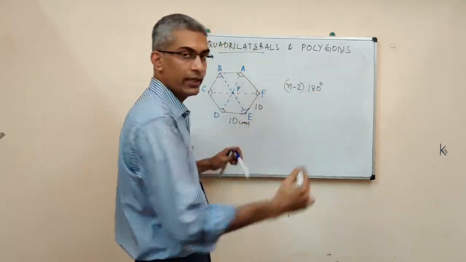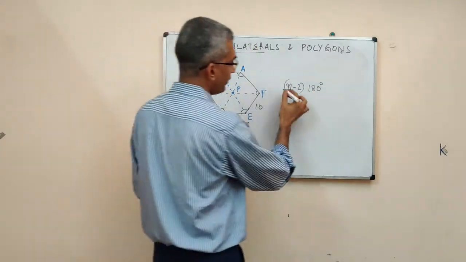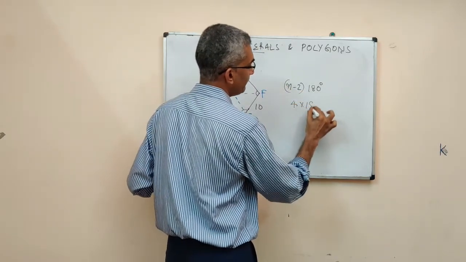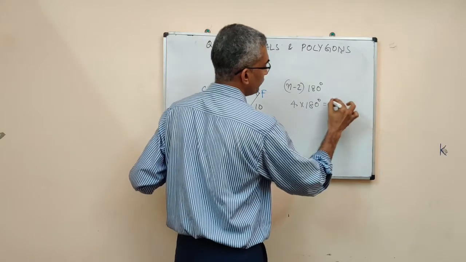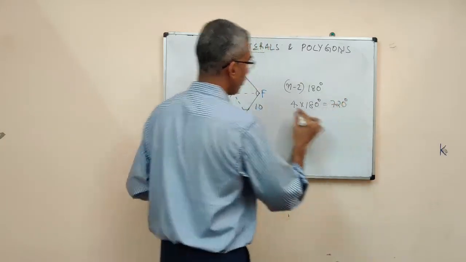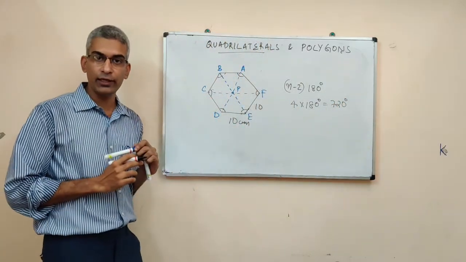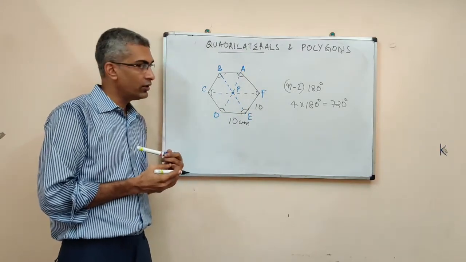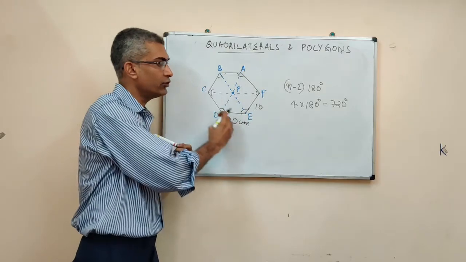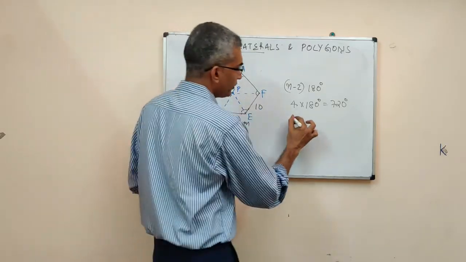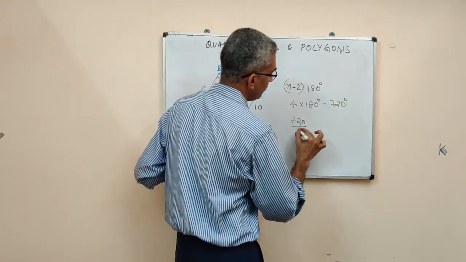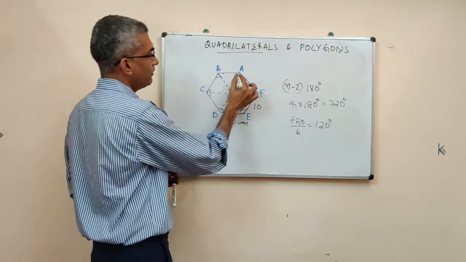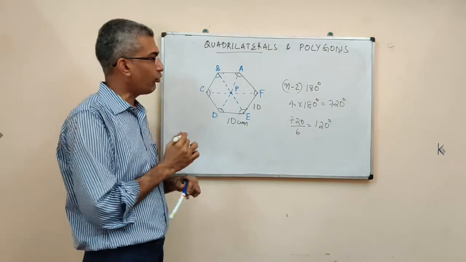Here n is 6, so 6 minus 2, 4 into 180, which is 720 degrees. The sum of all the internal angles will be 720. All the angles are identical because it is a regular hexagon. So 720 has to be divided into 6 equal parts. 720 divided by 6, you will get 120 degrees. So angle B, angle A, all of them will be 120.